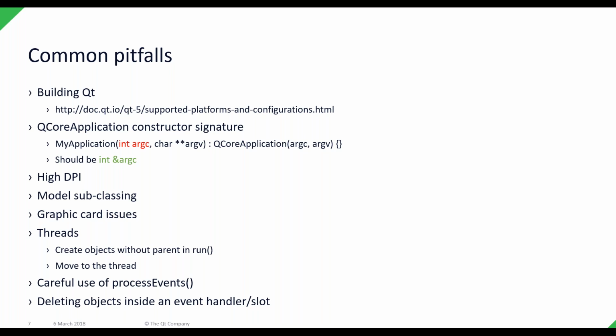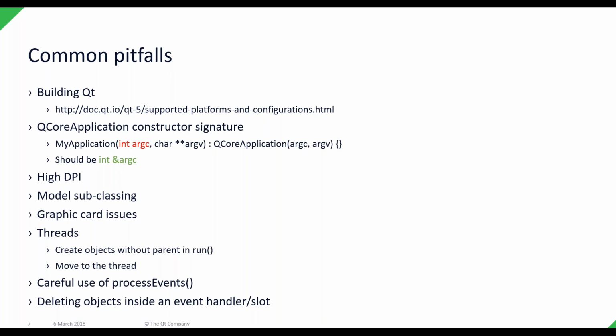The key thing to remember here is to make sure that you do not create the objects with a parent, unless, of course, the parent is created inside the thread itself. The reason being is because it will belong to the thread that the object is created in, and therefore if it has a parent that belongs to another thread, then this will cause problems later on.